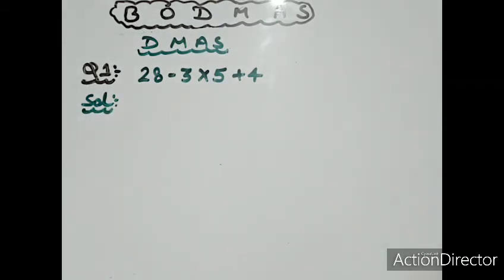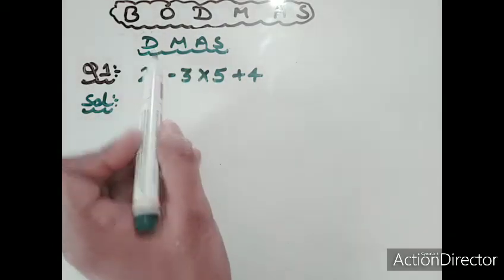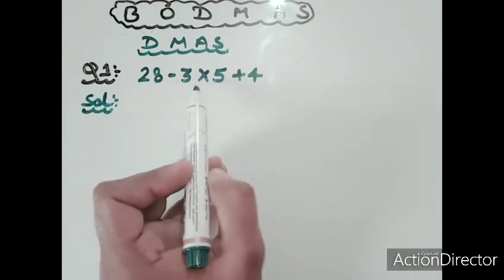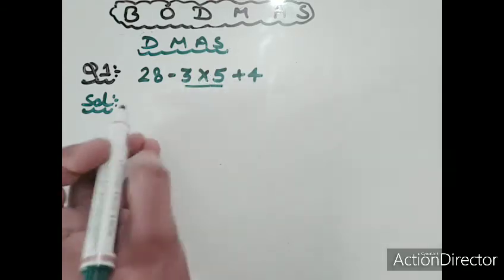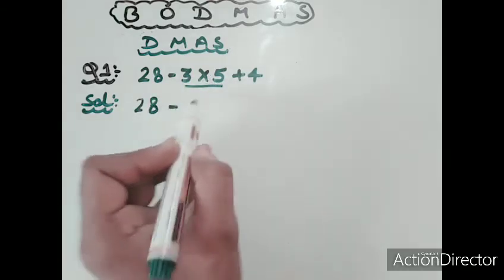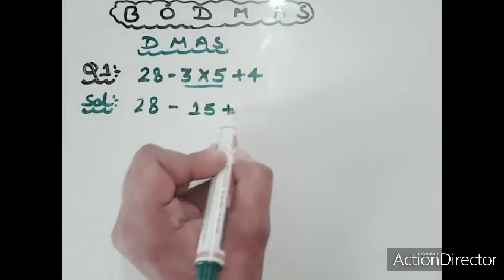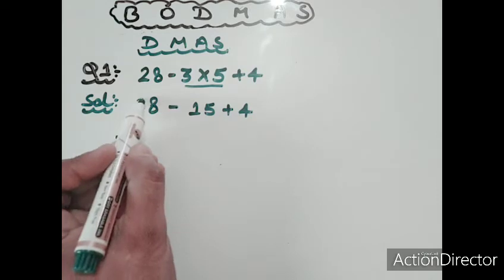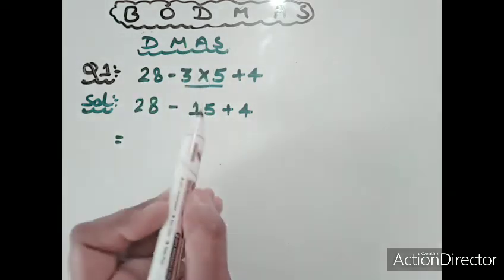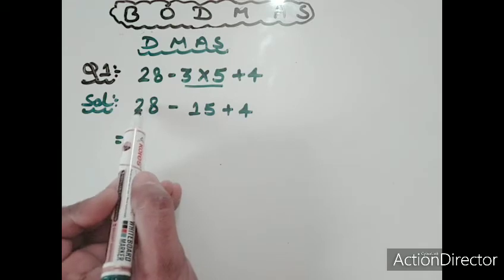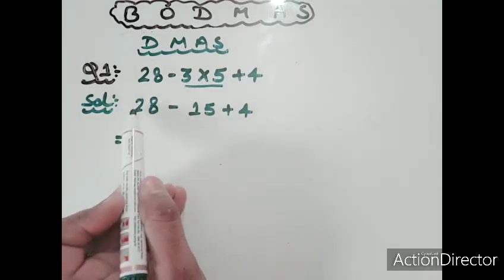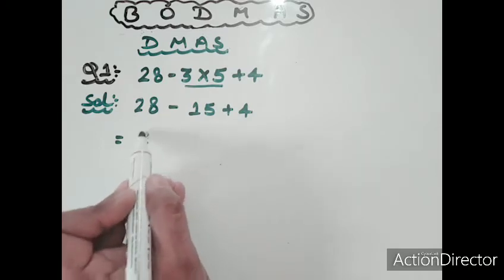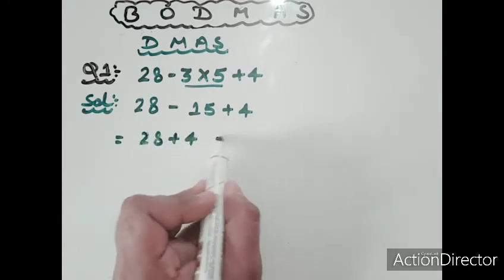Now, first we solve divide. There is no divide symbol here. Now multiplication. So first we solve this part of the question, 3 multiplied by 5. So we write 28 minus 3 5s are 15 plus 4. Now after that we solve addition. Dear students, you all know that if there is no symbol mentioned with the number, it means the number has a positive symbol. Here 28 is positive and 4 is positive. So we add 28 plus 4 minus 15.